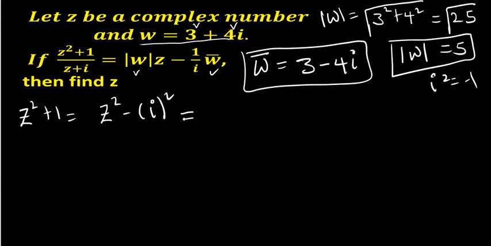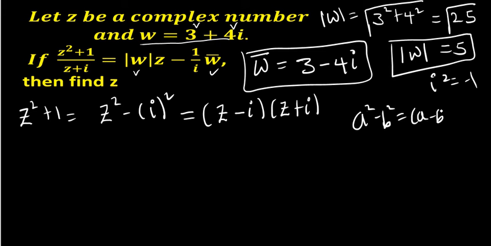This can be factorized and written as z minus i times z plus i. Where do you get this factorization? Remember the difference of squares of two variables, a square minus b square. It is the same as a minus b times a plus b. Don't forget that.